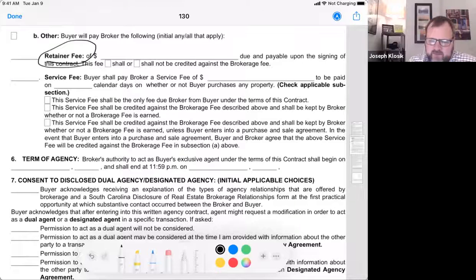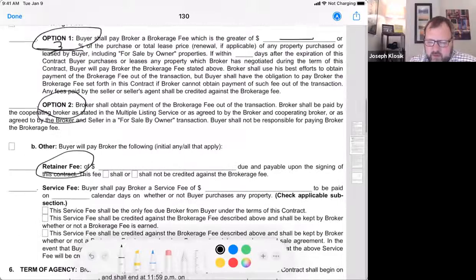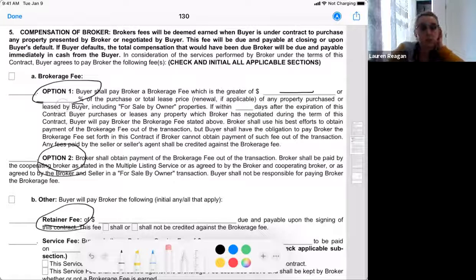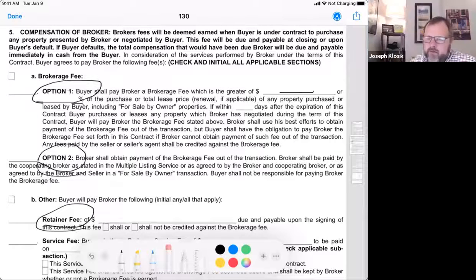To answer your question, in option 1 at the top, that's where you would put that. If you wanted a minimum fee, you would just put it in there. It's the greater of. So you could put something as a minimum. Okay. Yes.